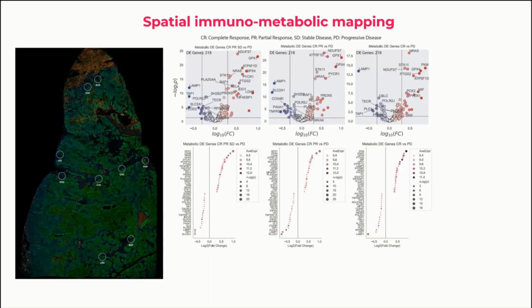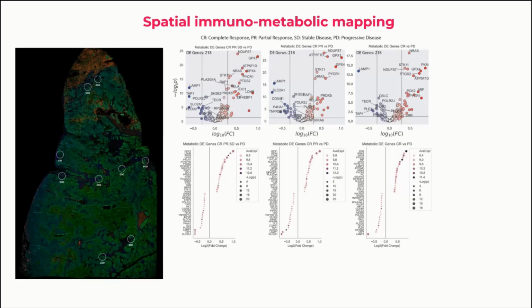So patients that had complete response, partial response, stable disease versus progressive disease, CR, PR versus PD, or CR versus PD, GPX4 and GPX1 were highly enriched in the tumor compartments of these tumors that did really poorly. So there was this almost ferroptosis-like pathway that was signaling from the tumor specifically.